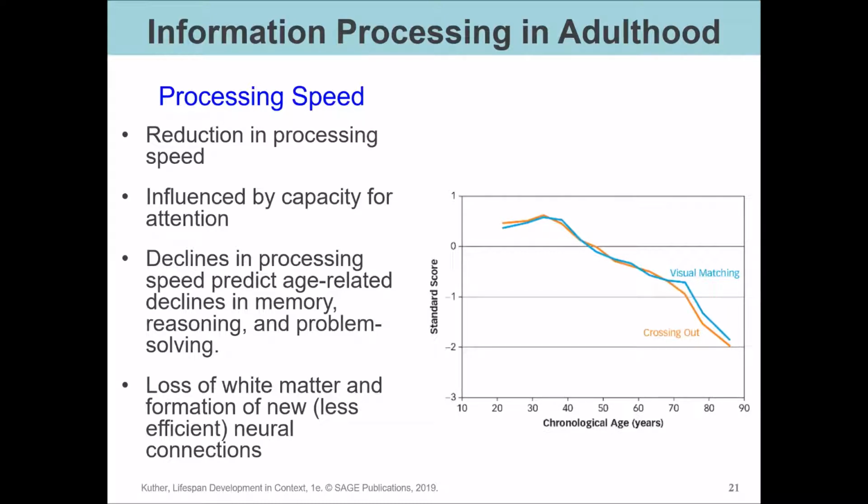Declines in processing speed predict age-related declines in memory, reasoning, and problem solving, and this may be caused by a loss of white matter, the myelinated connections. Remember, that's like the water on the slip and slide that helps us with the speed of transmission, as well as the formation of new and less efficient neural connections.